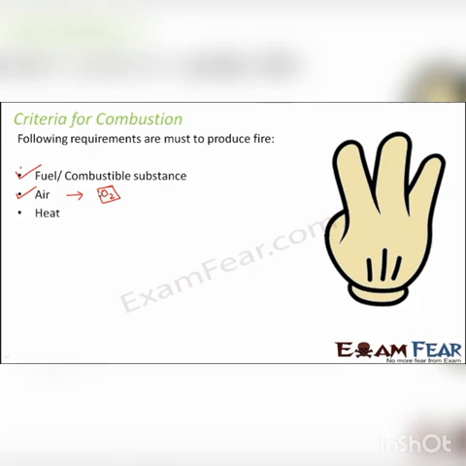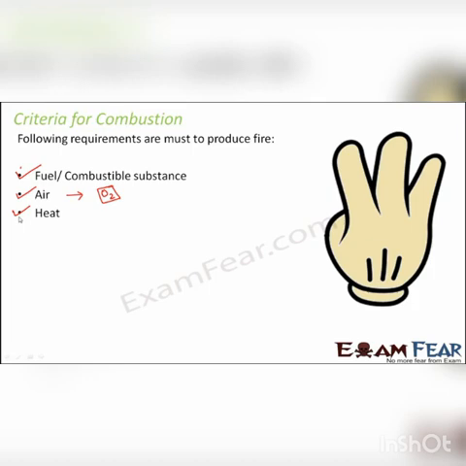And the third criterion is heat. Now the question is, why do we need heat? We need heat because we need to increase the temperature of the substance to a particular temperature so that it can catch fire. Now we are going to talk about each of these points in more detail one by one, and we will see how each of these criteria is important for combustion to take place.